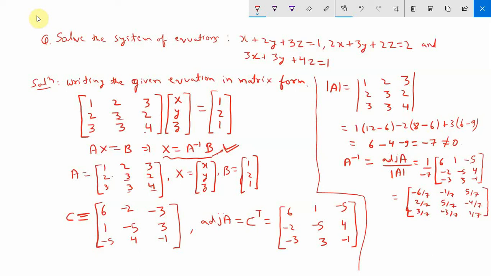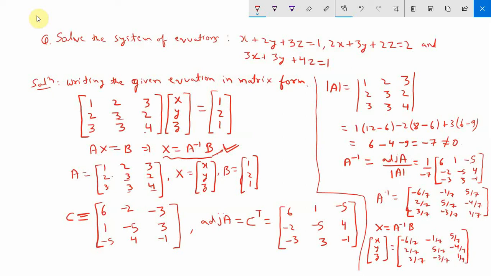Now as we know X equal to A inverse B. So we have X equal to x, y, z, and then we will write A inverse as [minus 6 by 7, minus 1 by 7, 5 by 7; 2 by 7, 5 by 7, minus 4 by 7; 3 by 7, minus 3 by 7, 1 by 7].